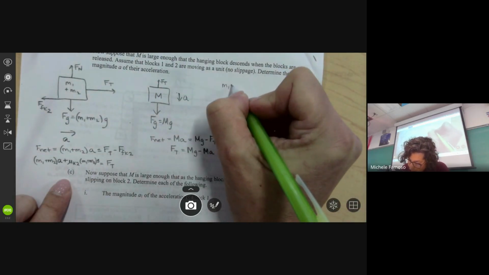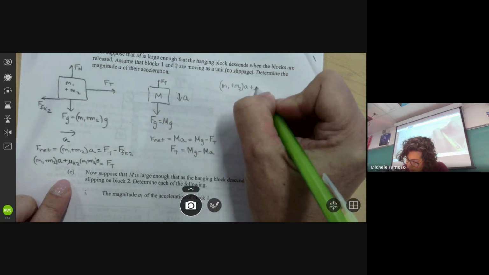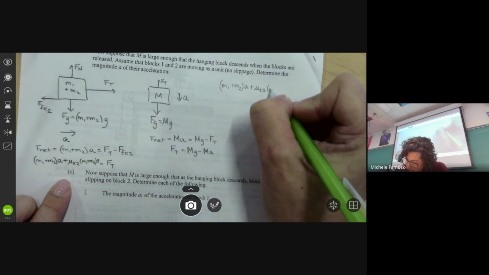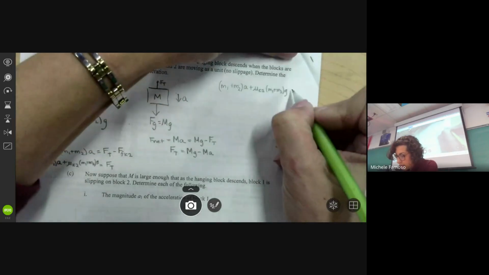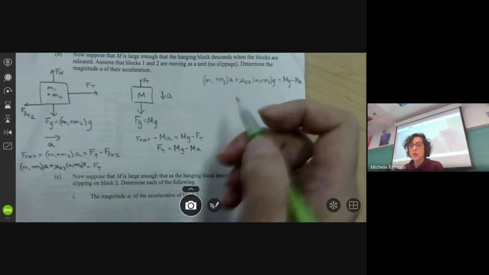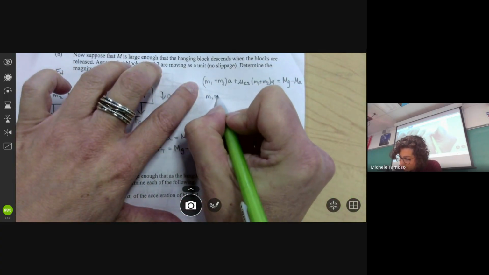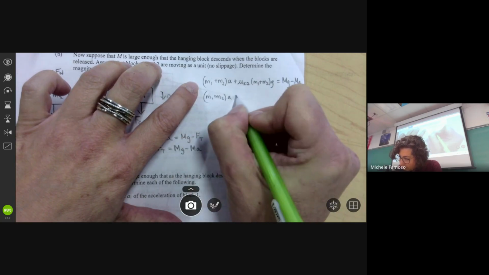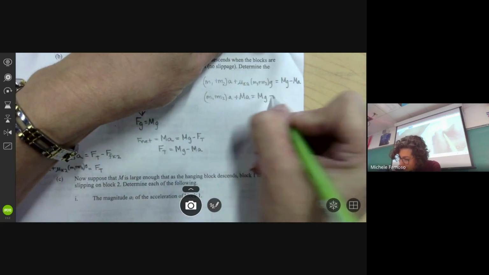So M1 plus M2 times A plus mu K2 times M1 plus M2 times G must equal capital MG minus capital MA. I want you to find A in terms of those variables. So I'm going to get all my A terms on the same side and get all my other terms on the other side.